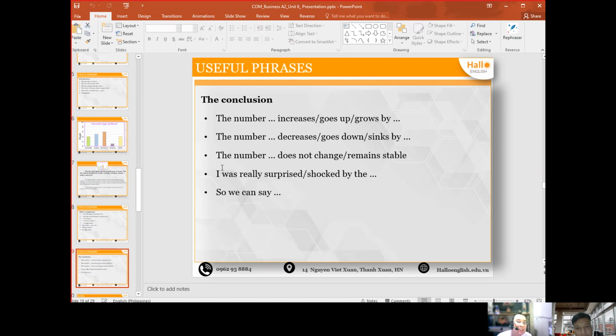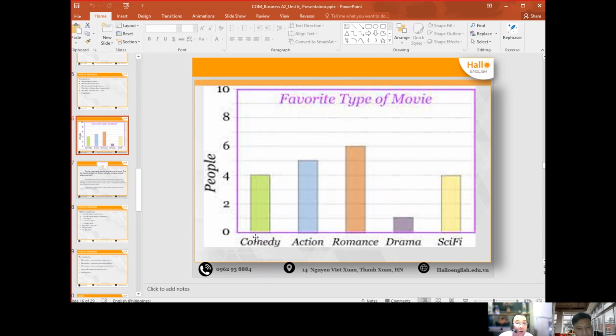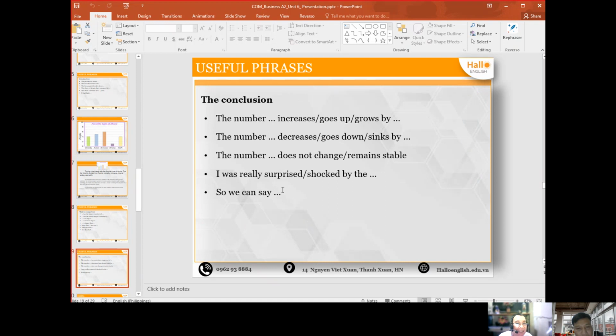Then you can say the number does not change or remains stable. For example, the number of comedy and sci-fi does not change. It remains stable. Equal.